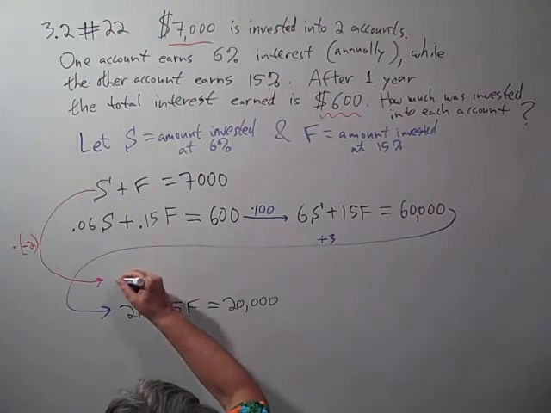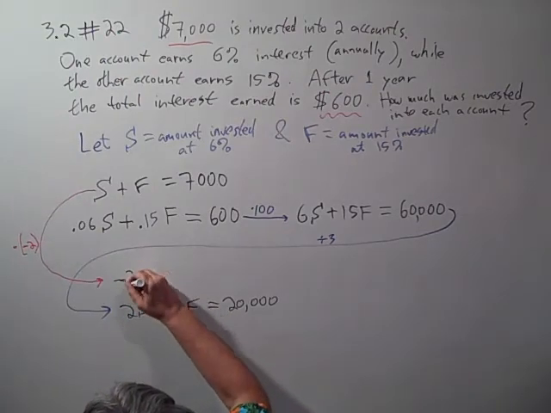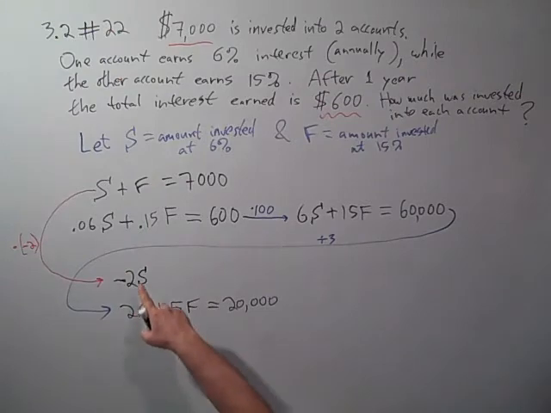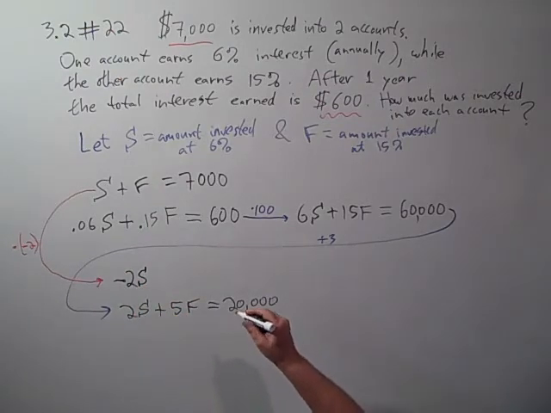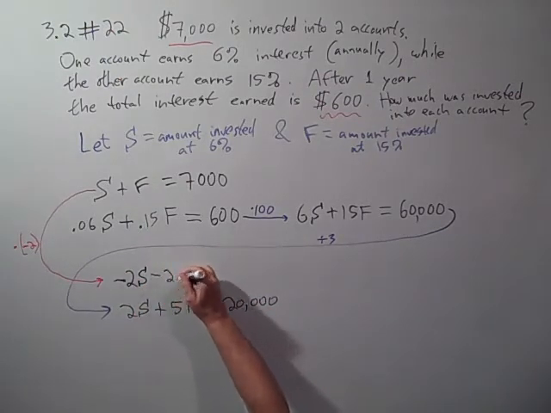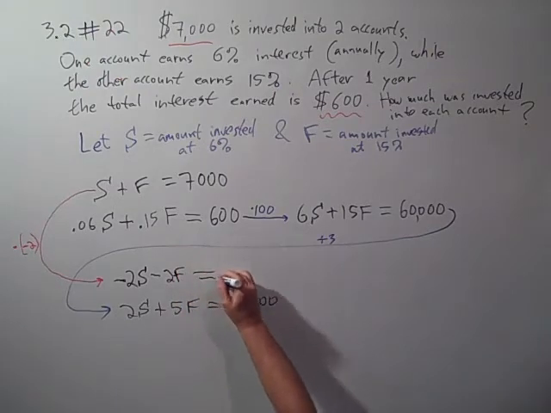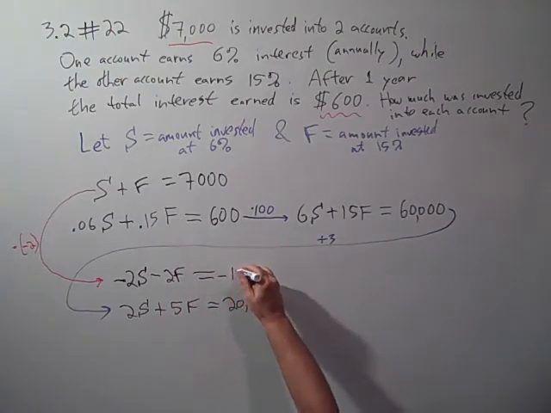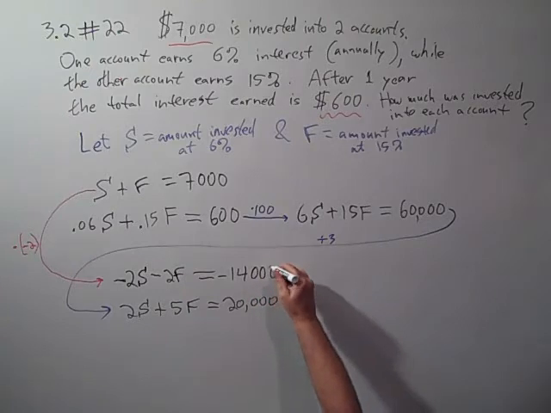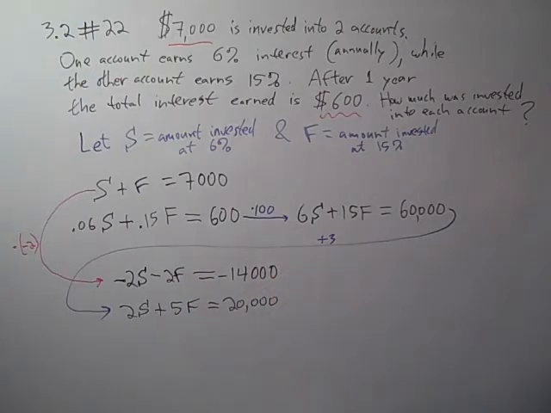So we end up with -2S, which was the point of this, to cancel out with the positive 2S below to eliminate S as a variable. And minus 2F is equal to minus 14,000, 7,000 times -2.